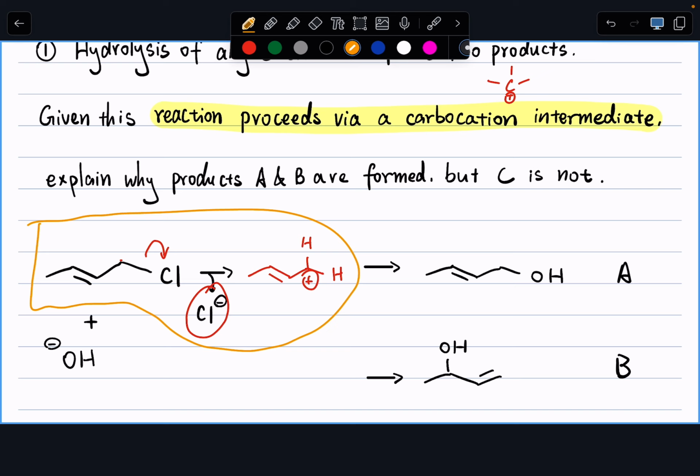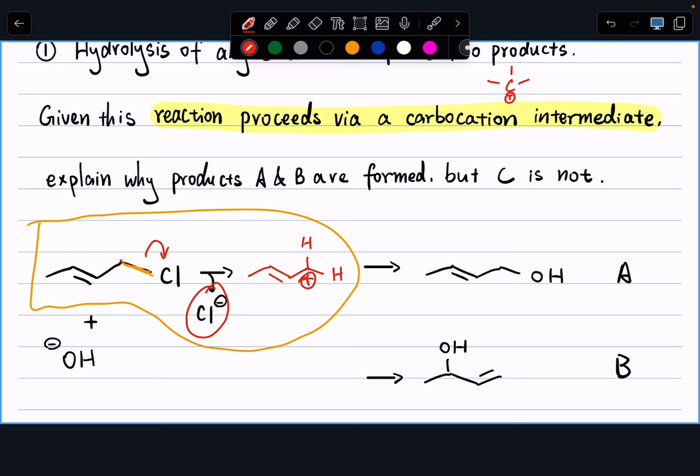So it must be breaking of this single bond. The electrons in the single bond all go to the chlorine. We end up forming a carbon-centered carbocation, a carbon-centered positive charge. So first step, reading the question and drawing out how to form that carbocation intermediate.